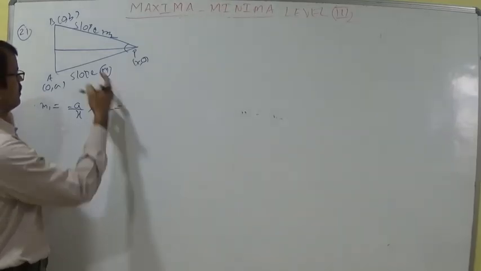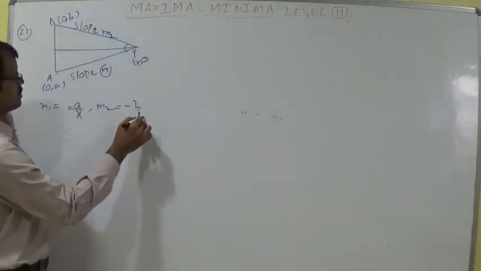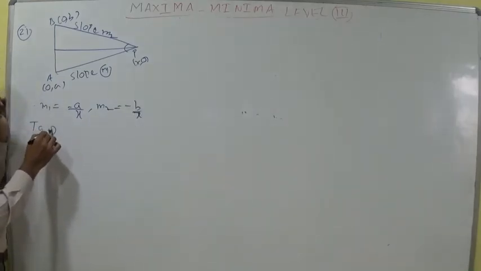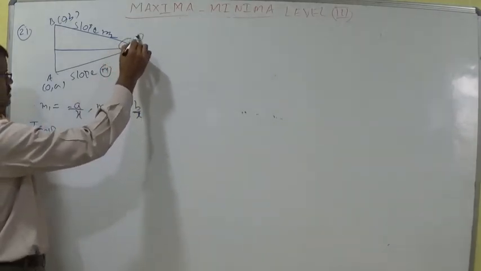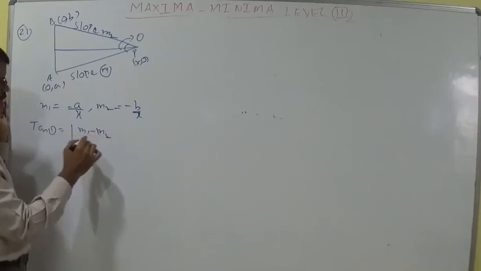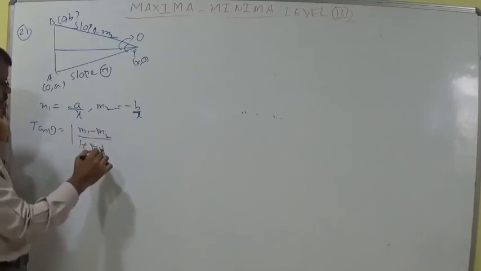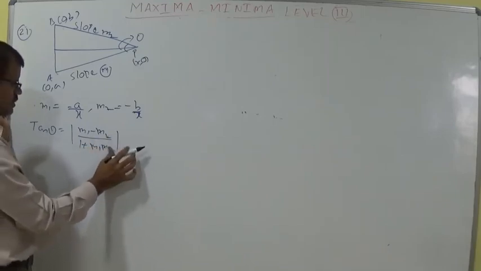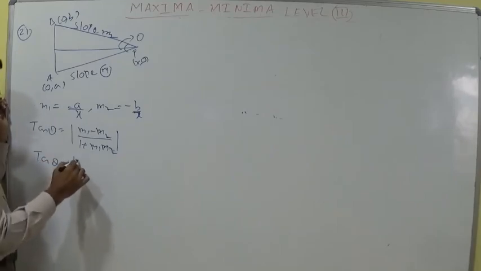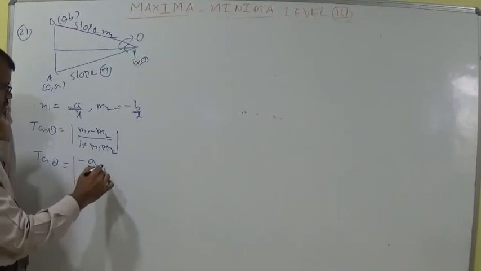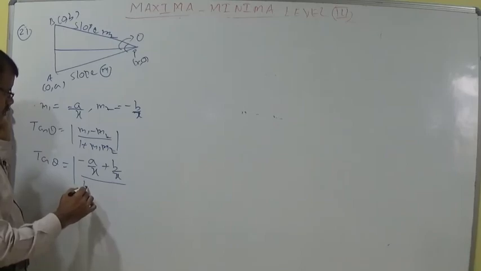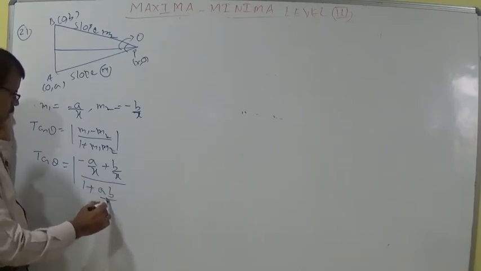m2 is equal to (b minus 0) by (0 minus x), which is also minus b by x. Now you should calculate the angle theta. Tan theta is equal to, using the formula, (m1 minus m2) by (1 plus m1 m2). So tan theta is equal to modulus of (minus a by x plus b by x) by (1 plus ab by x square).